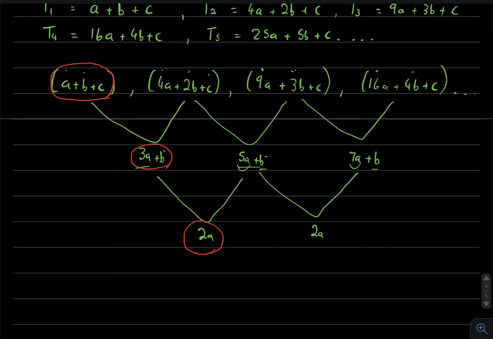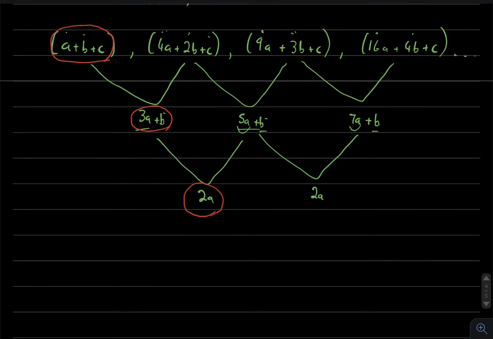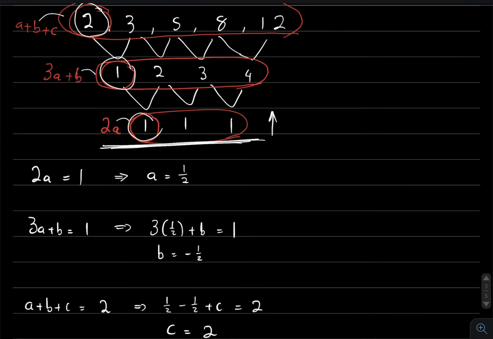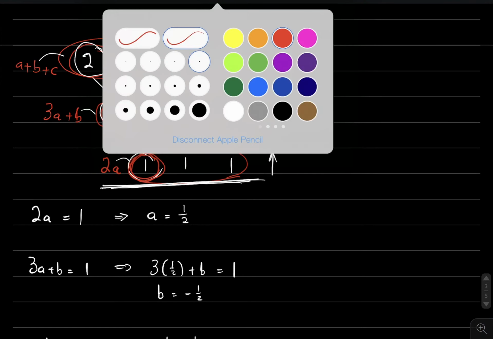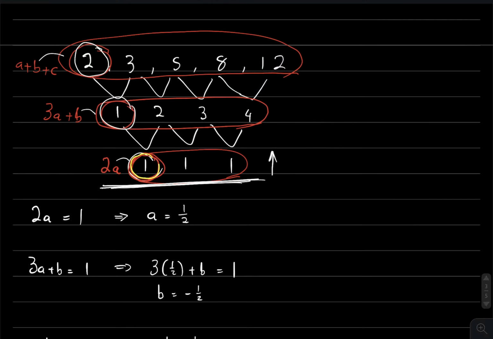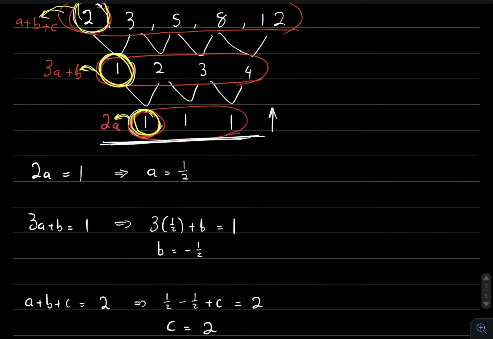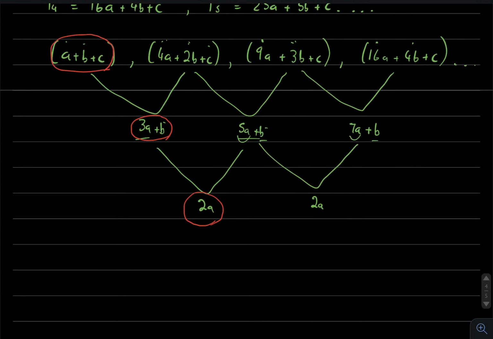So from this we can conclude that for any quadratic sequence, the first number at the bottom here, let me just change colors to make that a bit more clear, the first number here at the bottom should be equal to 2a. The first number here in the second row should be equal to 3a plus b. And the first number in the top row should be equal to a plus b plus c, in the same way that it looks here.